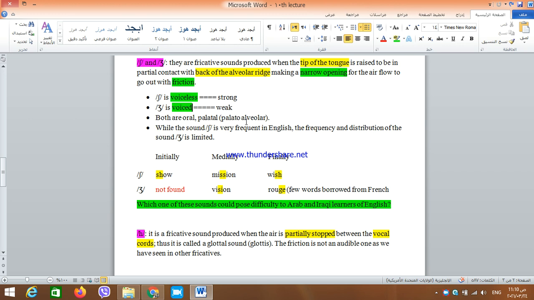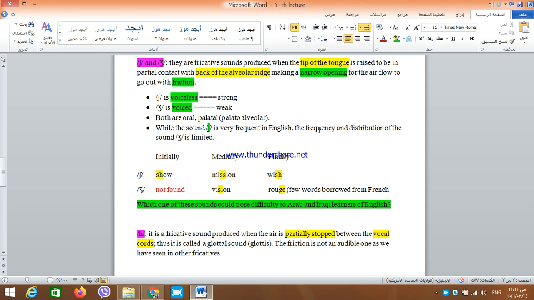They are palatal or palato-alveolar. Why? Because the narrow opening is between the tip of the tongue and the beginning of the hard palate. That's why it's called palatal or palato-alveolar. The sound sh is very frequent in English, but the sound je is not.